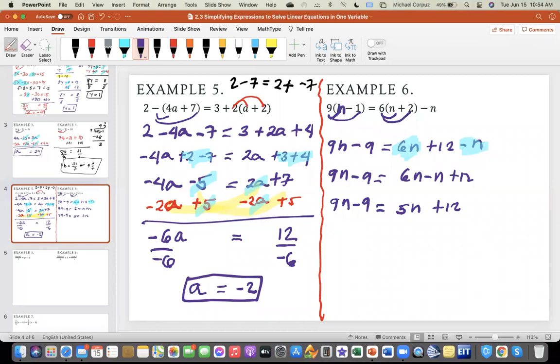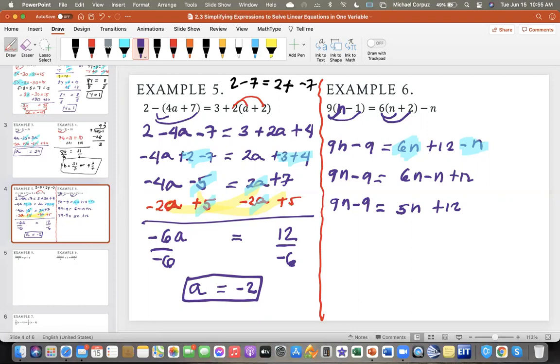Now we do what we usually do, and that is to get n to the left and then get your constant terms to the right. Are you ready? Okay, so what shall we do here now? 5n, it's minus 5n.